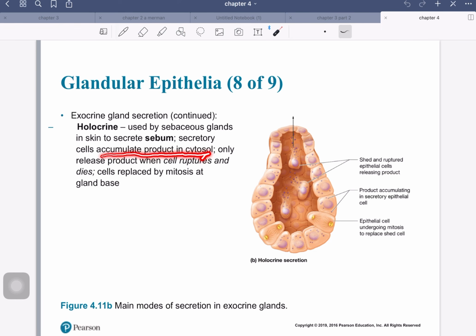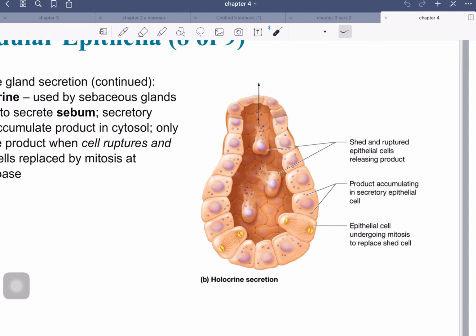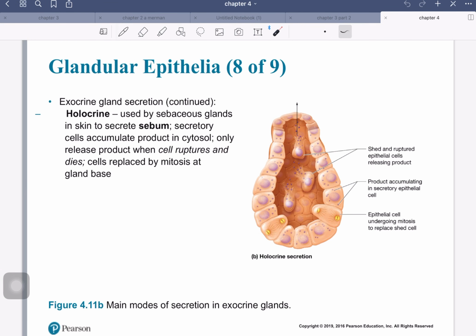Well, they do not use exocytosis. What they do is, let me zoom in here, the cells make the product, they keep filling themselves full of product, and then they shed into here, and then they break down. So basically they end up releasing the product. The product is only released when the cell ruptures and the cell dies.